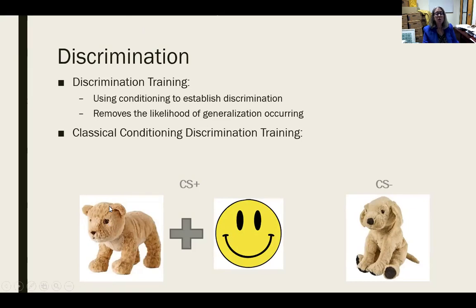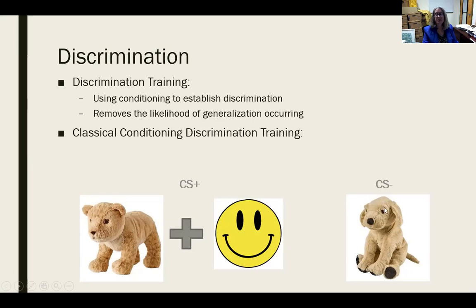So you're going to pair this with this pleasant stimulus. But whenever you present this stuffed animal, you're not going to pair it with the pleasant stimulus. You're not going to present it with the US to lead to the UR. And after not too many trainings, the child will like this animal more than this animal.